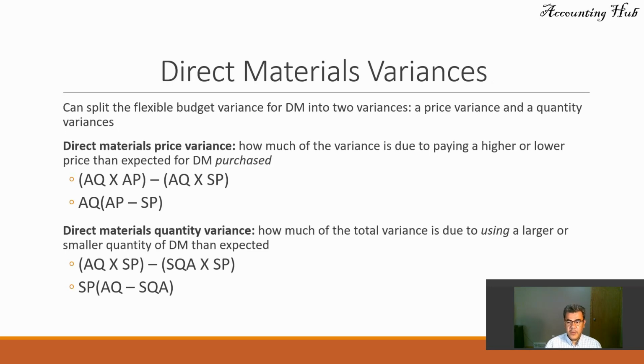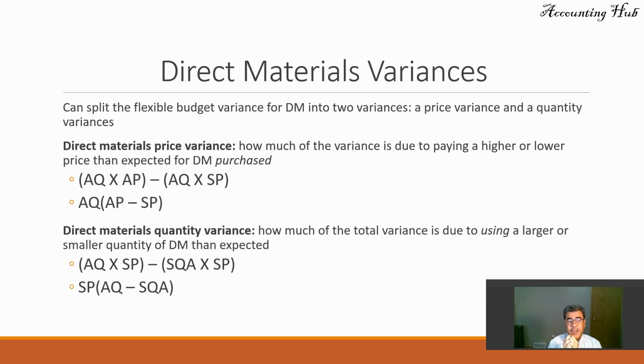Okay, and how many variances do we have? We have two variances: price variance and quantity variance. Price variance, we are talking about the difference in price. How much of the variance is due to paying a higher or lower price? So, how do we find it?